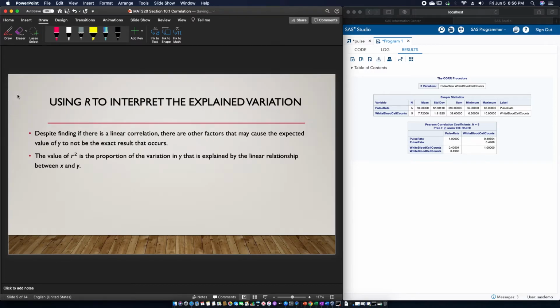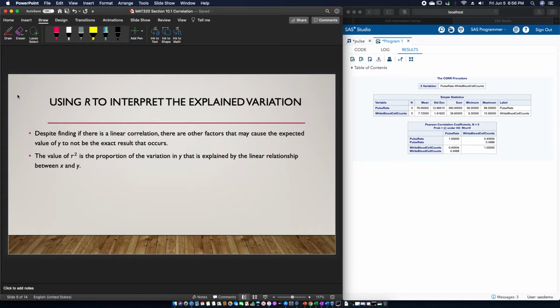Now, from this, we could interpret the explained variation from this correlation coefficient. This is despite finding if there is a linear correlation, there are other factors that may cause the expected value of y to not be the exact result that occurs. And we could find that by using the value of r squared.